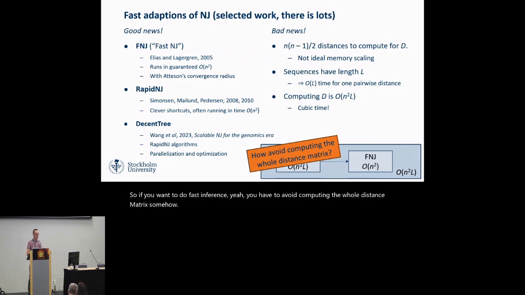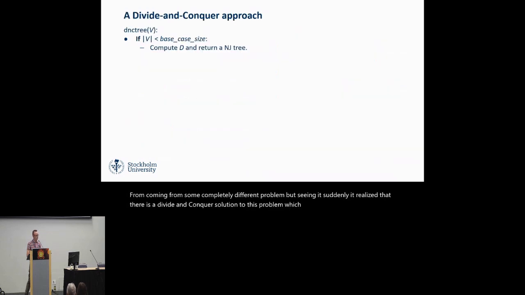I ended up thinking about this coming from some completely different problem, but suddenly I realized that there is a divide and conquer solution to this problem, which I now want to go through. So we have a base case. If there is a small number of sequences in our input, we'll just run neighbor joining, or whatever else we would like to do.